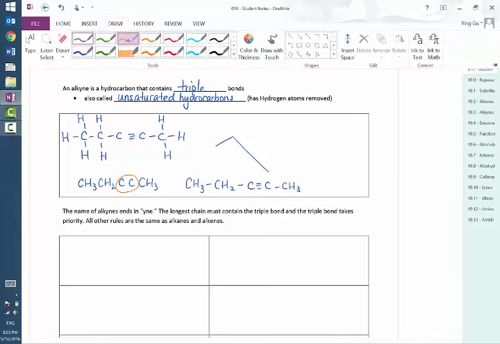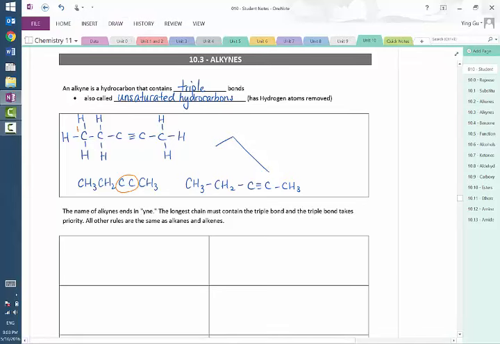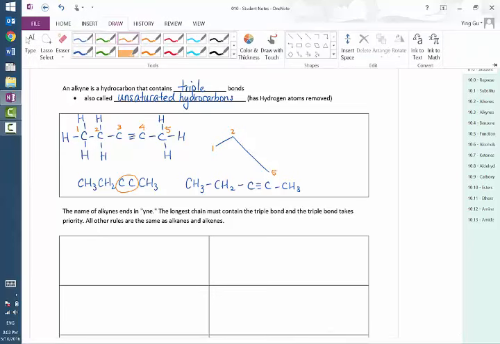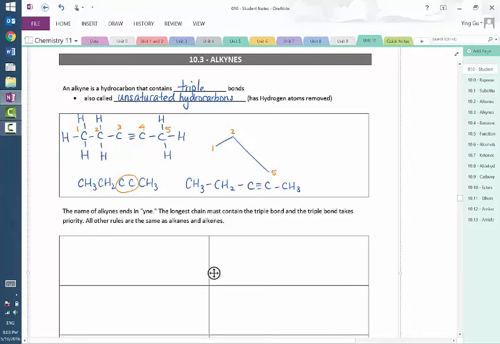If we were to follow the carbons, you have carbon 1, that's right there, carbon 2, that's right there, 3 and 4 are going to be the triple, and 5 is going to be our end carbon. So where is that triple? Well, it's going to be right in the middle. It looks funky, but there's 3 and there's 4.